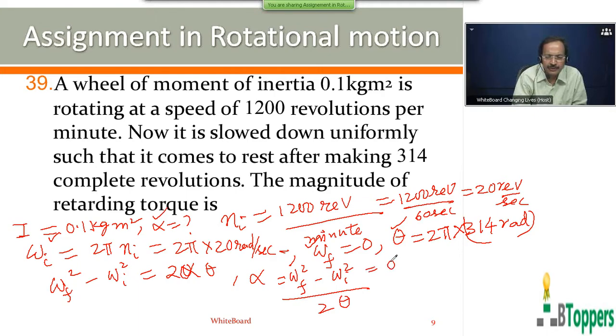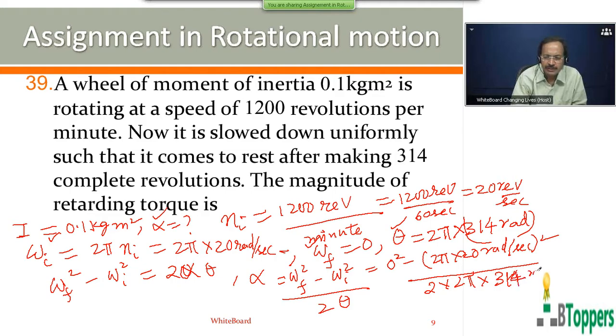Final angular speed is 0. Initial angular speed is equal to 2 pi into 20 radian per second. Theta is 2 pi into 314 radian. This you can try to simplify further.